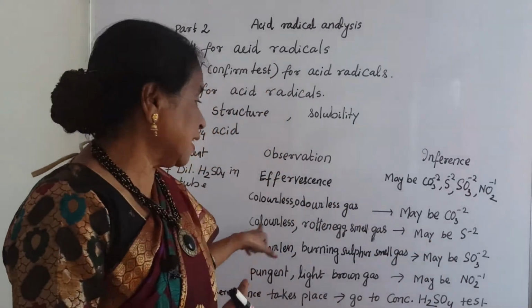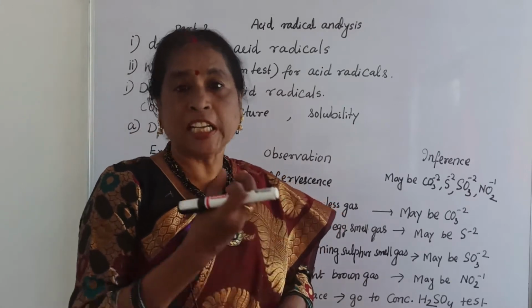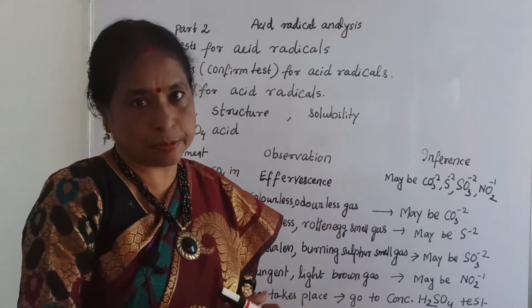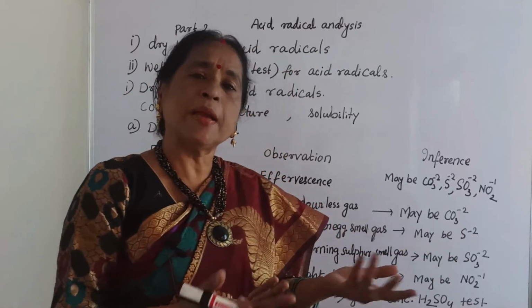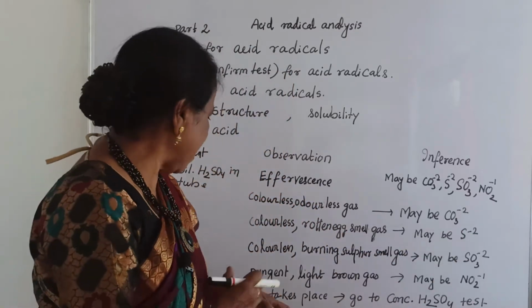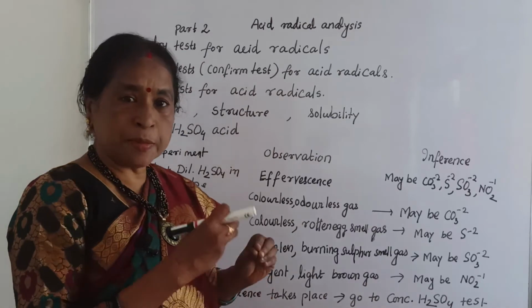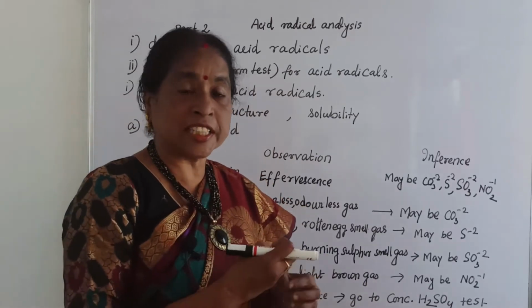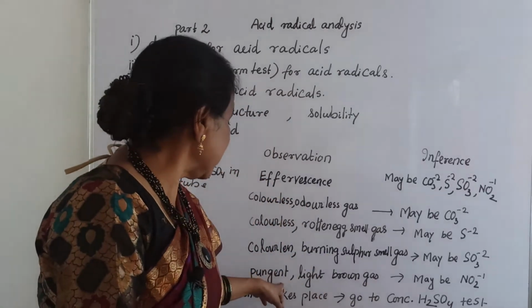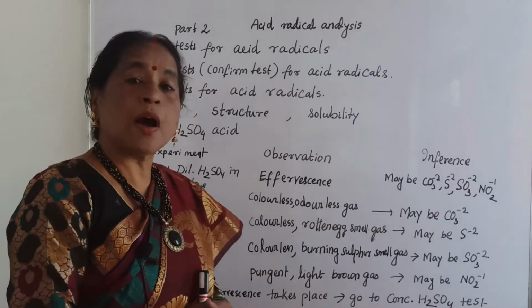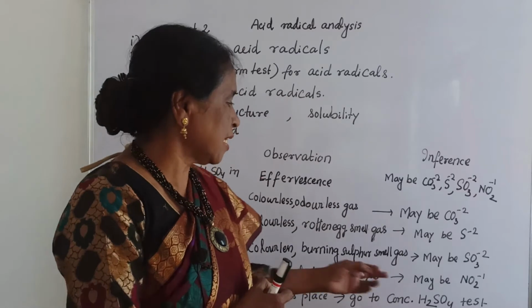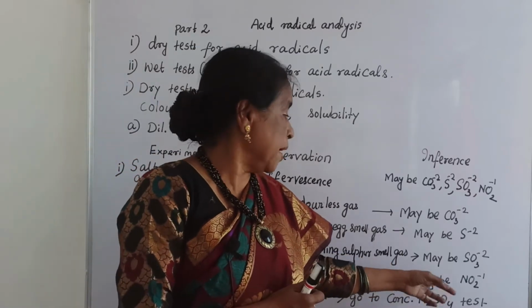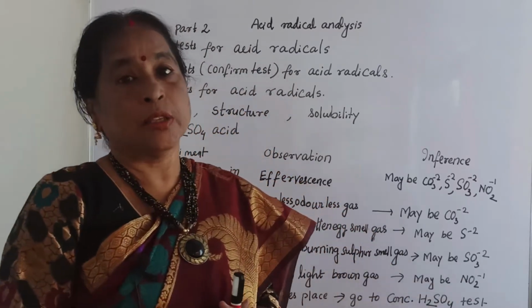If colorless with burning sulfur smell, that firework smell, then you say maybe SO3 minus 2, sulfite. If pungent, meaning a smell you can't tolerate, that is called pungent smell. Pungent smell and light brown gas, light not deep brown, you can say maybe NO2 minus 1.